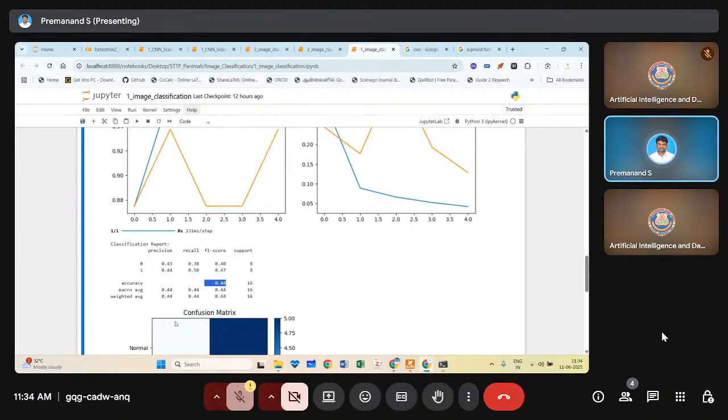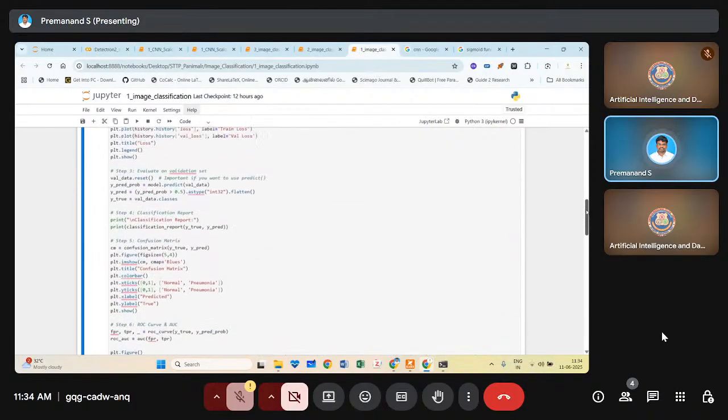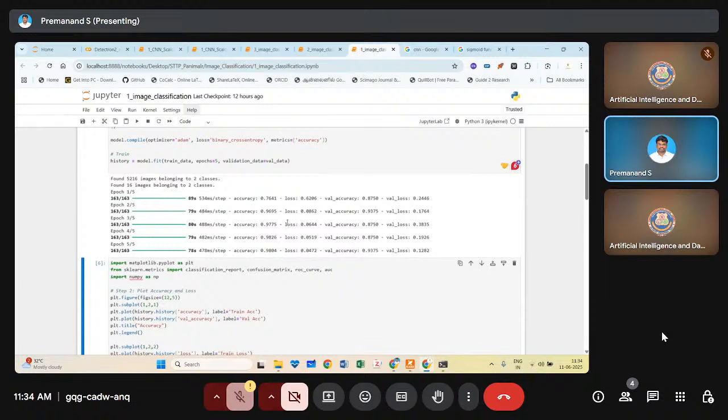Even though I have so many images in the normal and abnormal categories, I'm able to get only 44%. But with respect to training, I'm getting 98.04%. This is what we call an overfitting problem.